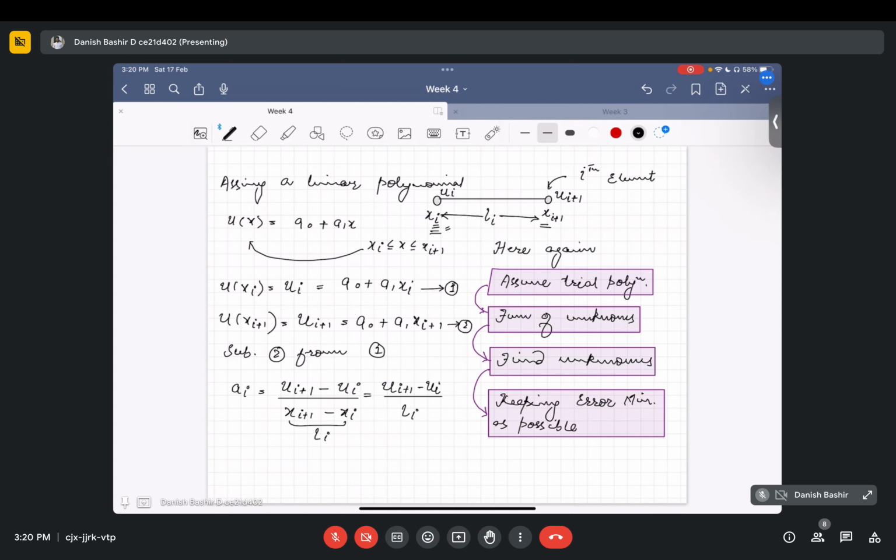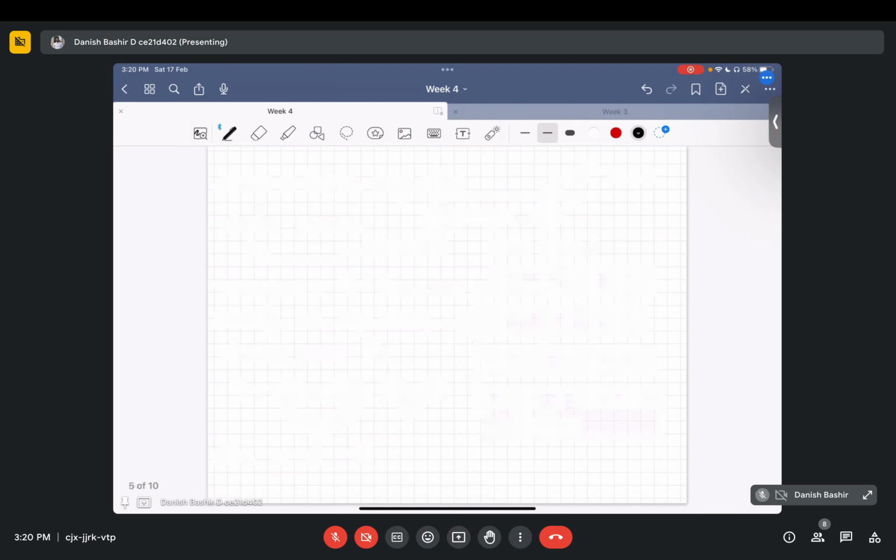Then when we substitute this a1 back in the first equation, we will get the value of a naught. So both unknowns are known now. A naught will be equal to ui minus ui plus 1 over xi plus 1 minus xi, times xi. You have to see all the steps at your place carefully; I am writing the steps directly because otherwise it would be a long process to solve them one by one.